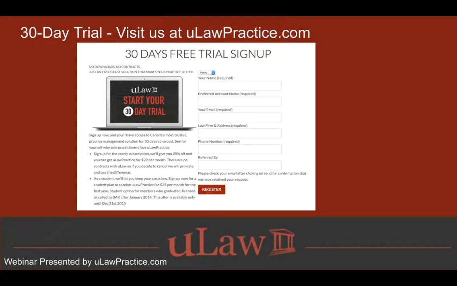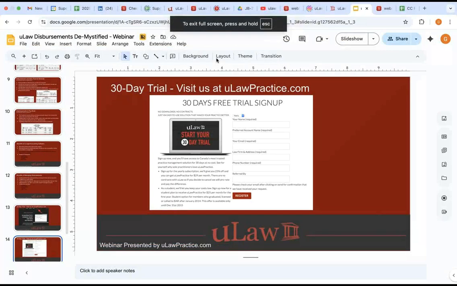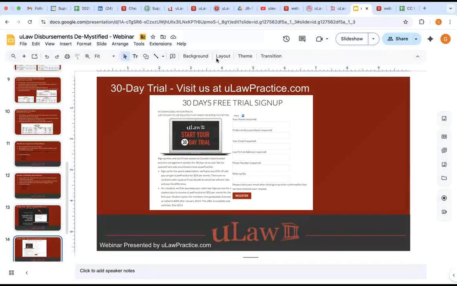For the ones who are using uLaw, I'm sure that you would be knowing that using disbursements, adding them from your respective matters, is easy, because there's a disbursement tab available readily there for you to be able to take action and add them as a disbursement paid out of trust or paid out of general or paid out of your, let's say, prepaid.